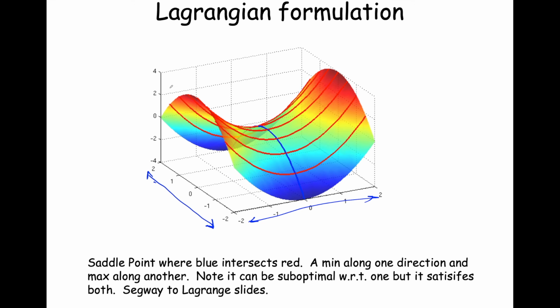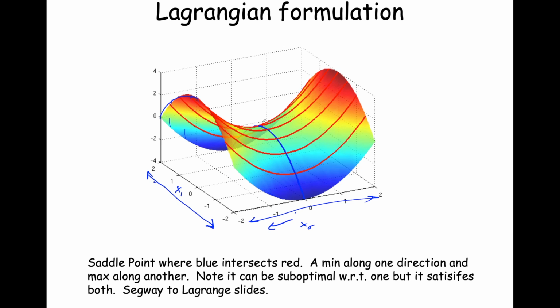Now, if we take the plane for this front face, we see that we can maximize with respect to this first variable, let's call that x1, and we can minimize with respect to this other variable, x2. Now, of course, when you maximize, that wants to pull your solution for x2 in this direction. When you minimize with respect to x2, that wants to pull the solution for x1 in another direction.